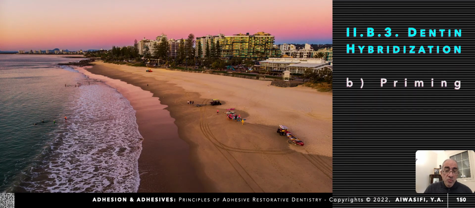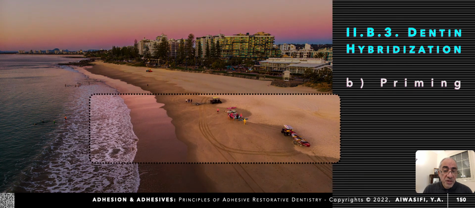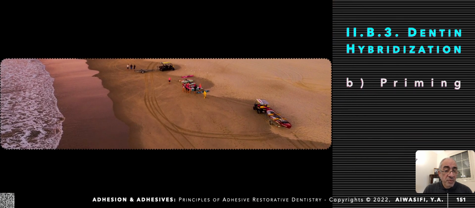Let me discuss with you a common famous example. All the instructors and lecturers use it in this topic when discussing wet or dry dentin bonding, okay? As you see in this photo, it's a photo of a beach. If we close up a part of this photo, like this part, you could notice 4 zones from left to right.